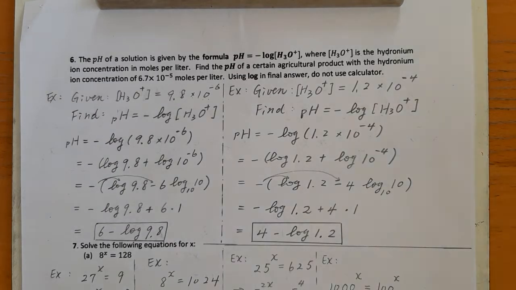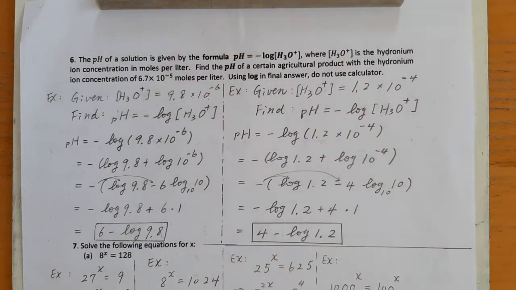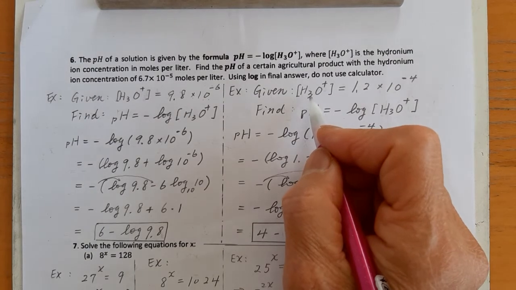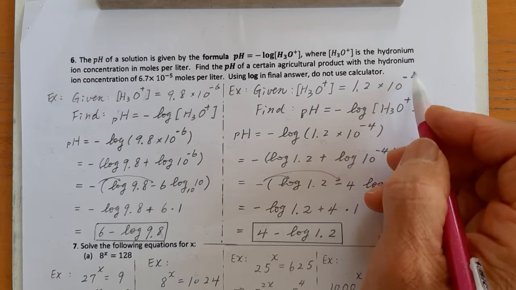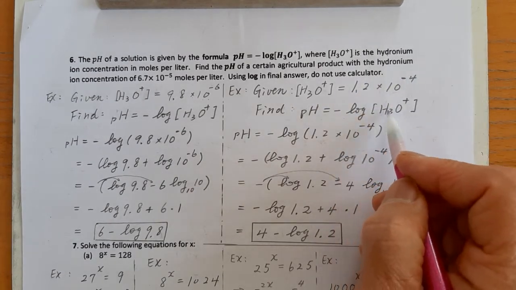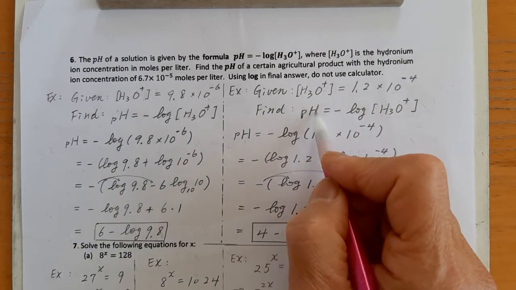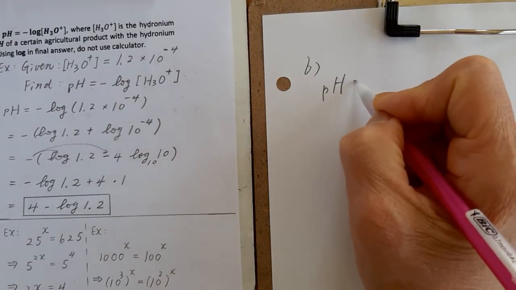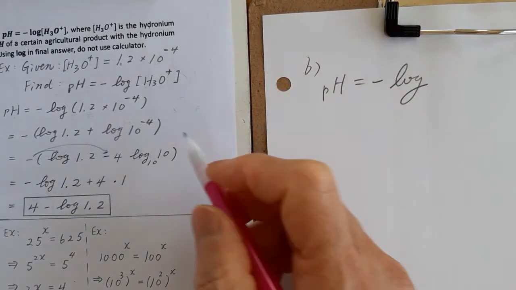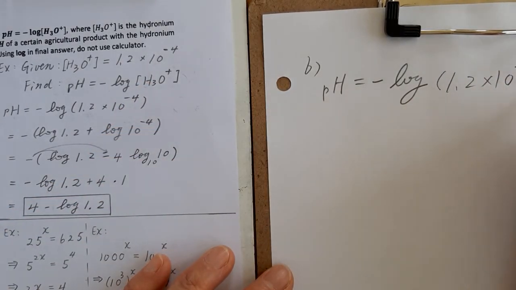Next question, homework 6, another second example. If given the ion concentration is 1.2 times 10 to the power negative 4, put this number into the log to find the pH value. So pH equals negative log of 1.2 times 10 to the power negative 4.